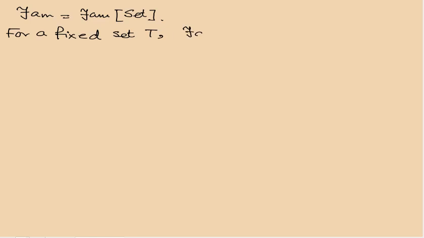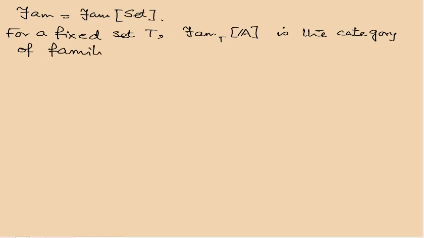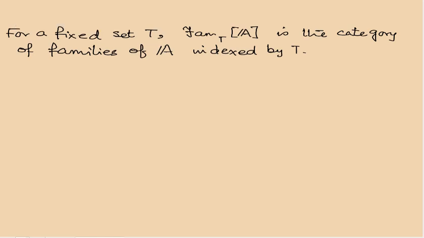So let's take this, the category of families, versus, for a fixed T, the category of families of A indexed by T. Before I come to this, let's fix this first.